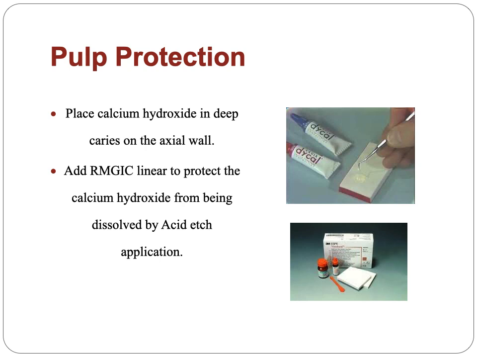And usually we use resin modified glass ionomer as a liner. This material has a chemical bond with composite, and it is a good liner material, and it will protect the calcium hydroxide from the acid etch that is placed over it before we place the composite. So it's very important to use resin modified glass ionomer liners with composites.